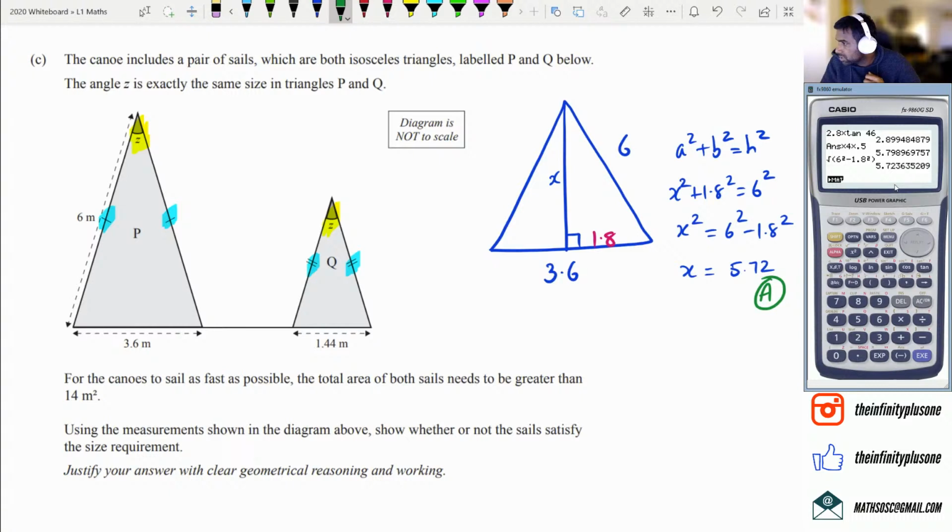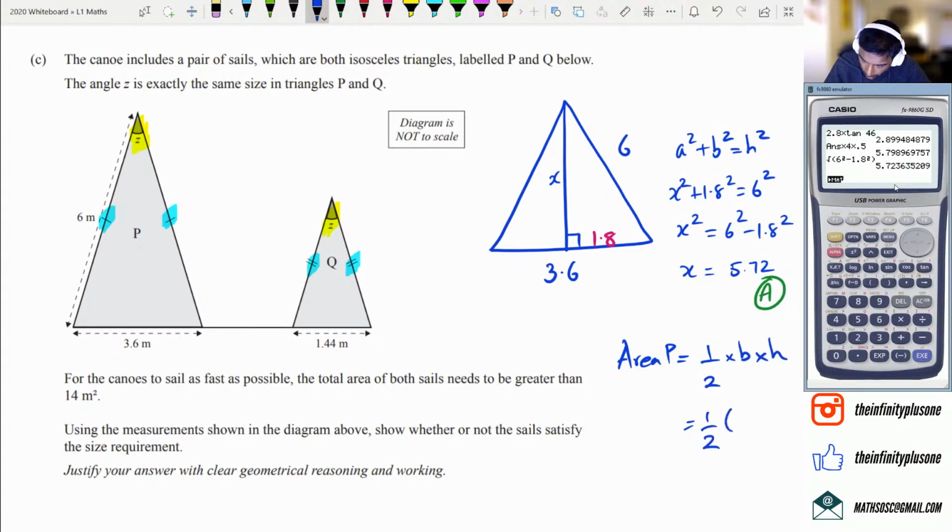Once we have that, the calculation of the area of either sail P or Q is fine. The next step is to work out the area of triangle P. Area of P equals half times base times height.